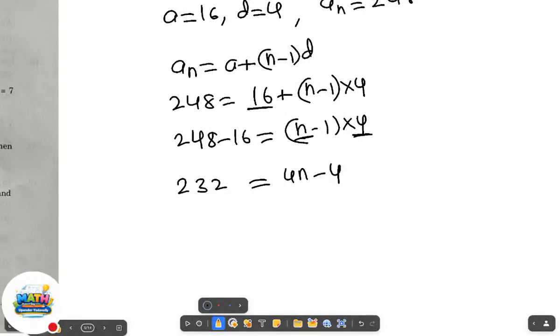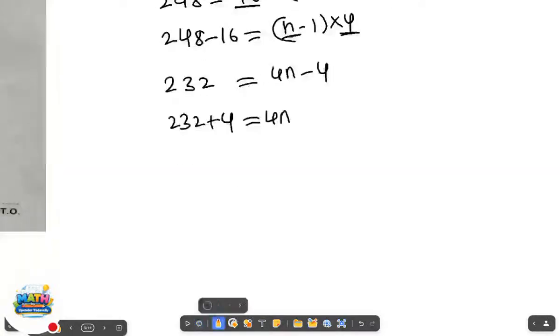So bring minus 4 to the left side: 232 plus 4 equals 4n. Now 232 plus 4 is 236, equals 4n.